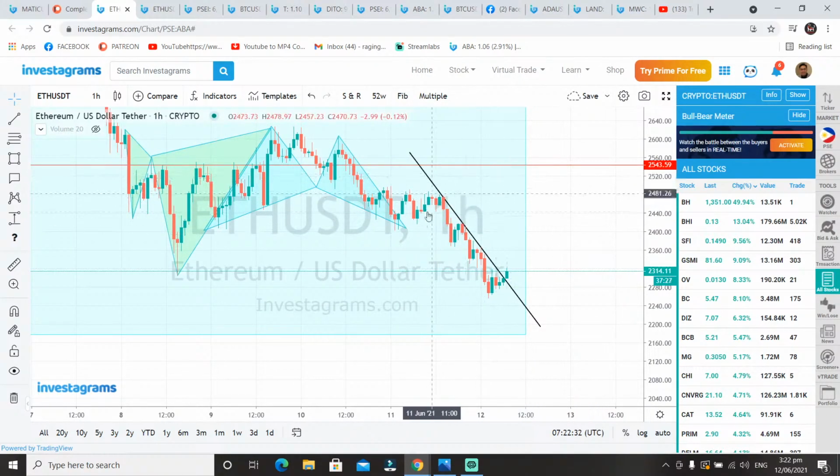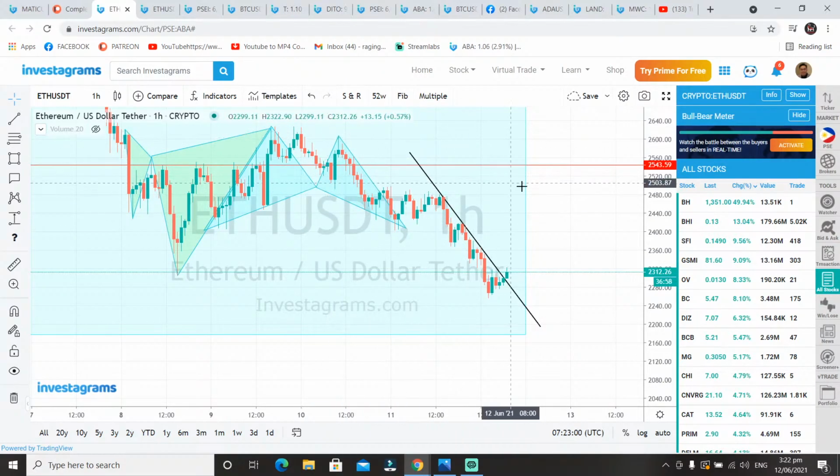This is actually still not established. So, X, A, B, and this is too much. It could have stopped here at least for the cipher pattern, but it still moved down to this level, and it broke, I think, the 141% fib retracement level.